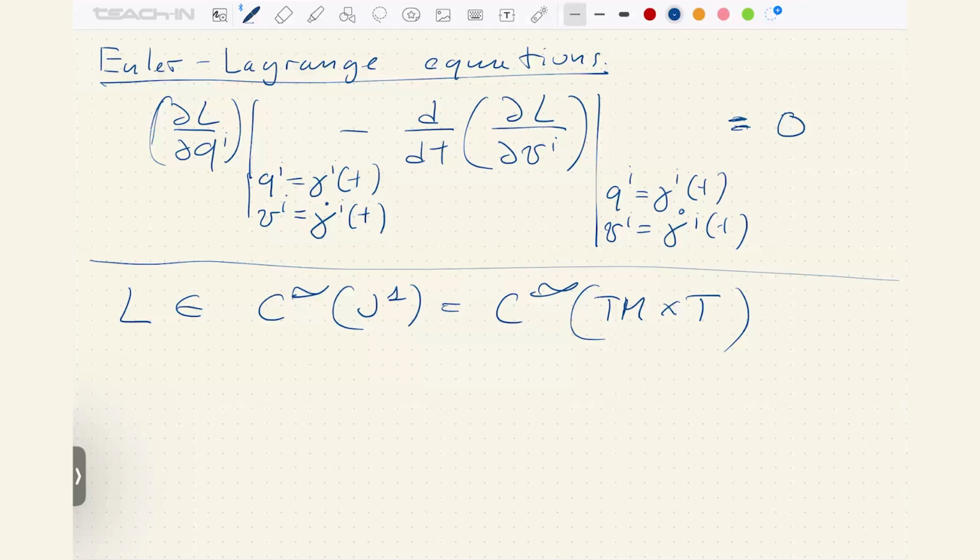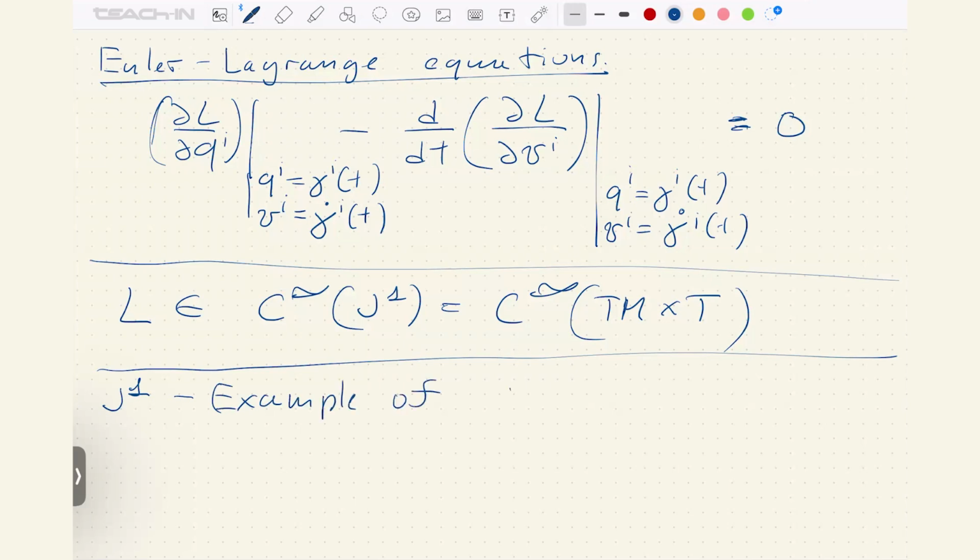So let's be a bit more careful with what this space is. So I introduced this space J1. But in fact, it's a very simple example of what is called a jet space, or jet bundle, strictly speaking.